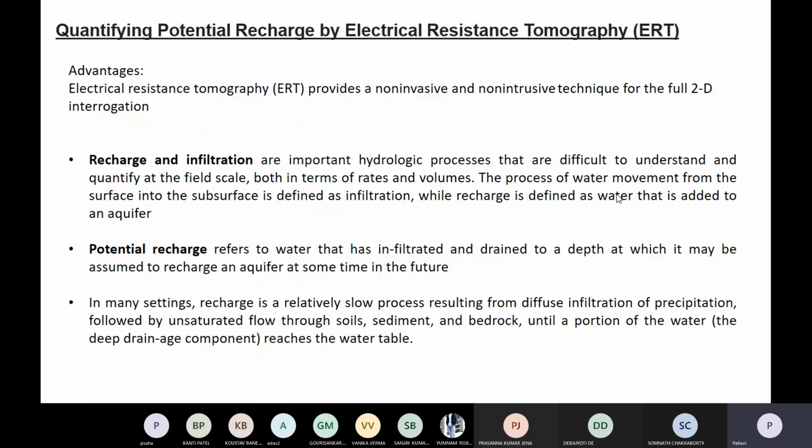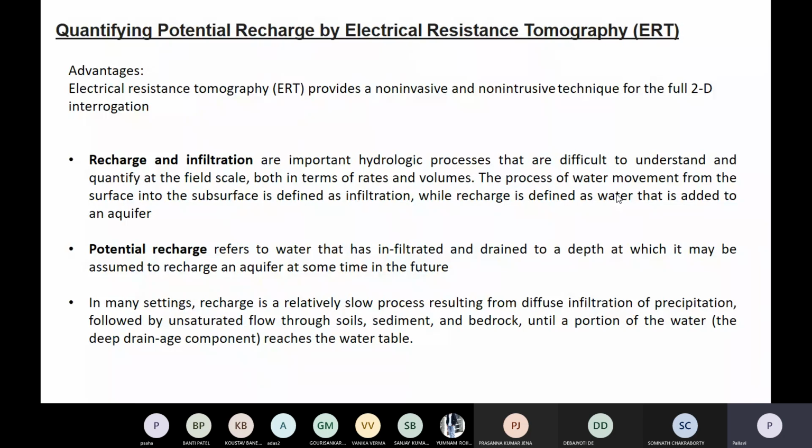So today we will discuss the application of 2D resistivity survey, that is called electrical resistivity tomography, ERT. First of all, we will discuss why we are using it. Today we will use it to identify potential recharge. Most of you must have an idea of what recharge is.